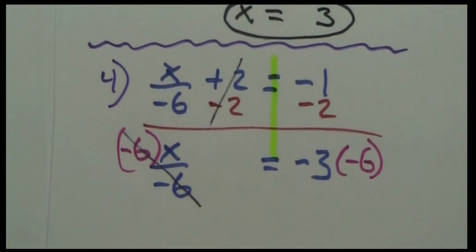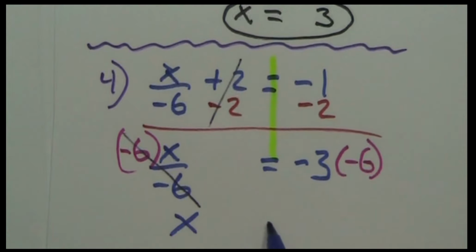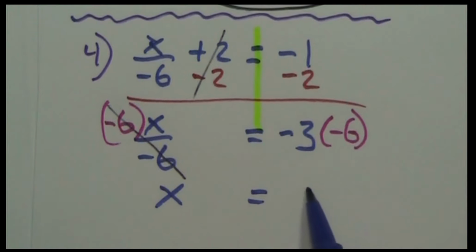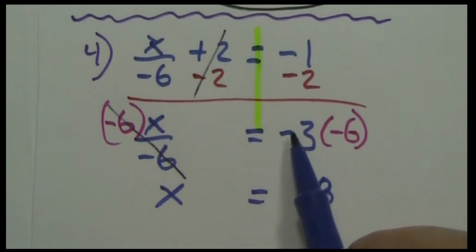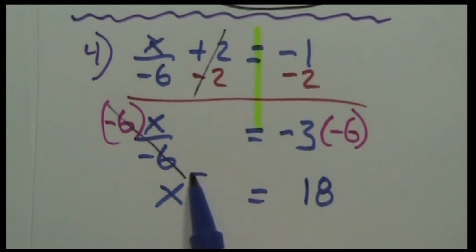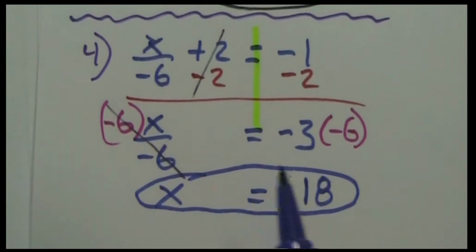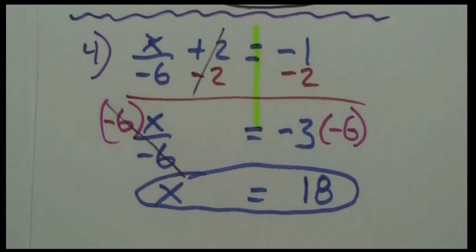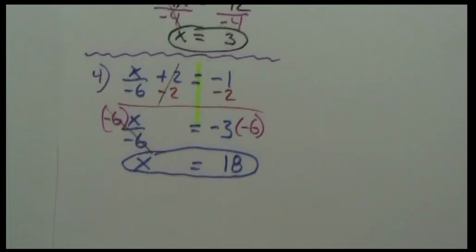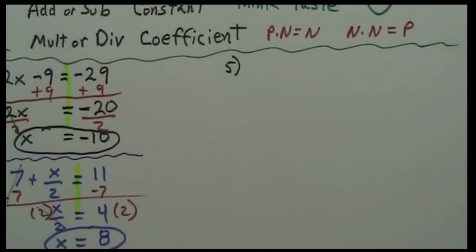So we're left with just 1x equals 3 times 6. And there's two negatives. Well, two negatives cancel when multiplying or dividing. Okay, now I'm going to slide up the paper to number 5.